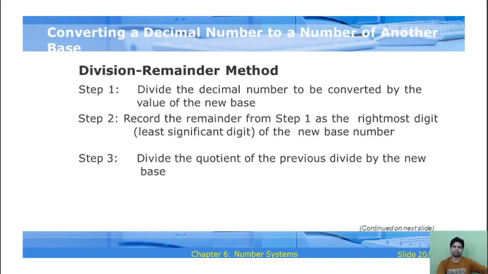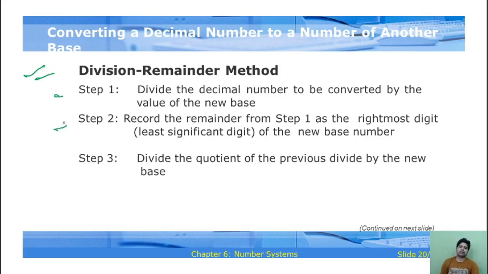Clear? Okay. And this is the next slide: converting a decimal number to a number of another base, the division remainder method. Step 1: divide the decimal number to be converted by the value of the new base.